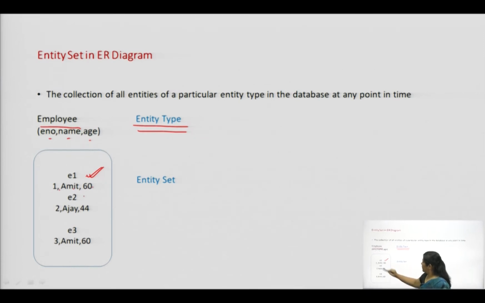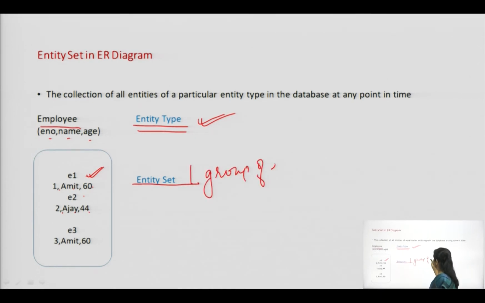Then we have the employee E2 given by 2 as employee number, name, age. So, the entity type is the employee, and the entity set or the group of entities are these, the occurrences of the entities.